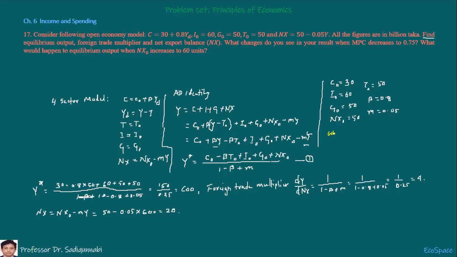When MPC equals 0.75, we have got our y star equals 30 minus 0.75 times 50 plus 60 plus 50 plus 50 divided by 0.30, which is equal to 152.5 divided by 0.30, which is equal to 508.3.